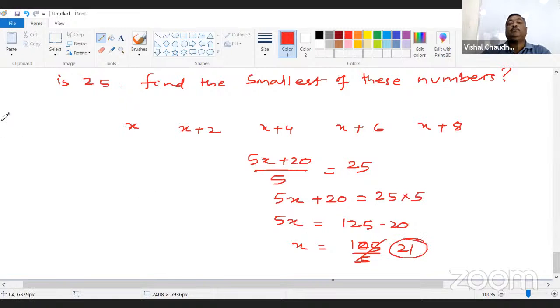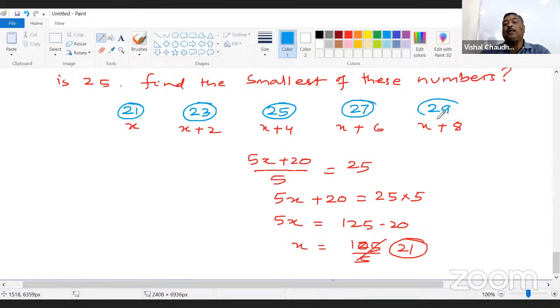This is your smallest number. The numbers are 21, 23, 25, 27, and 29.